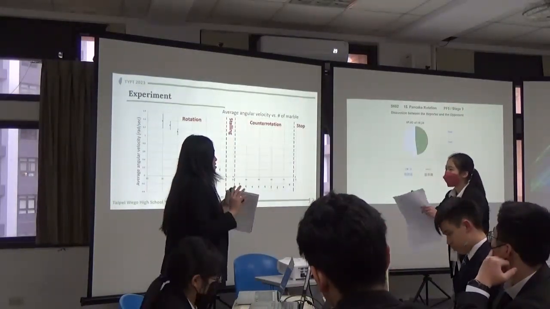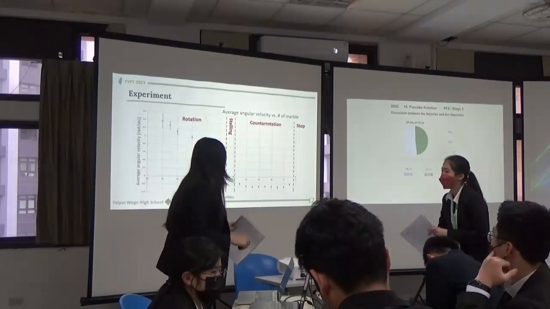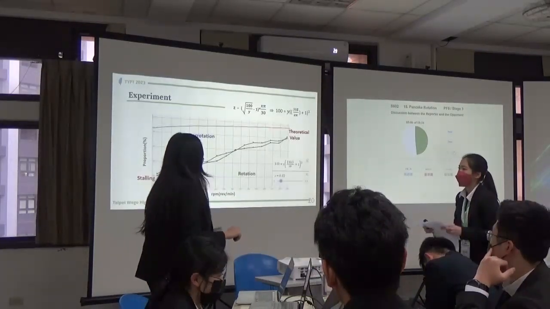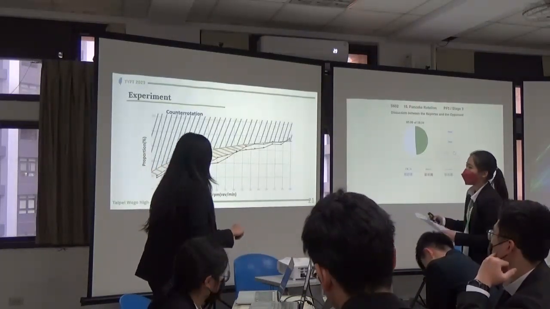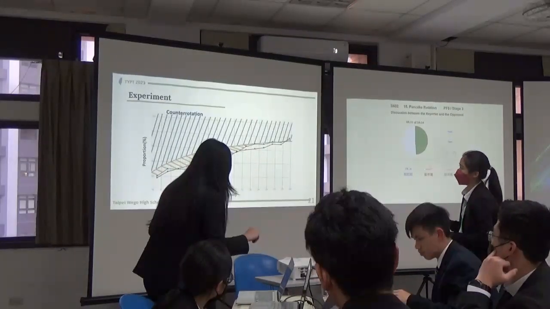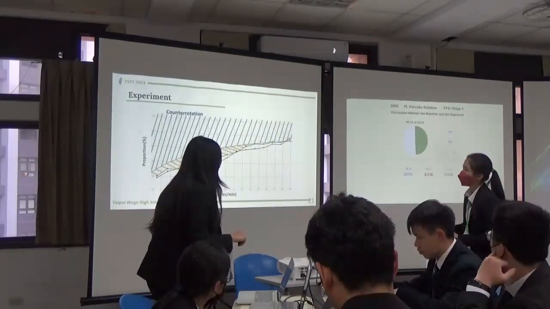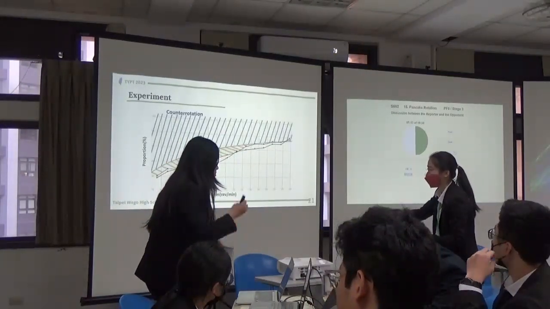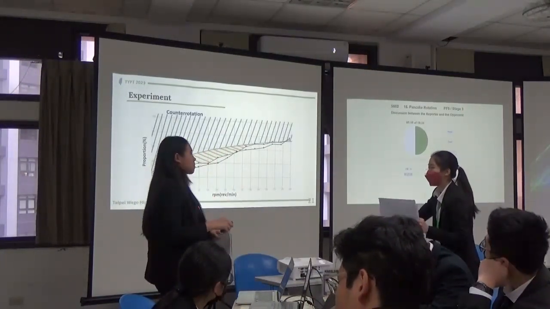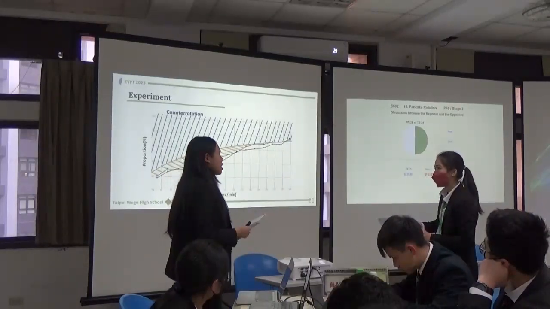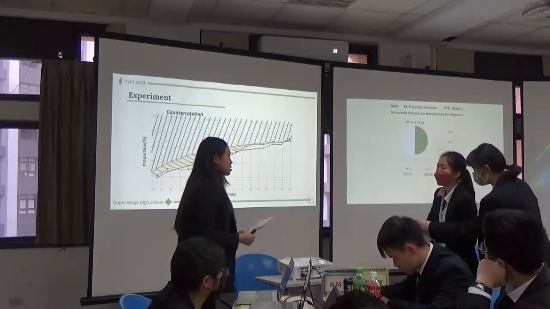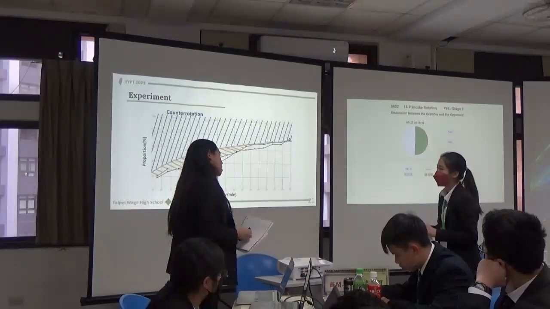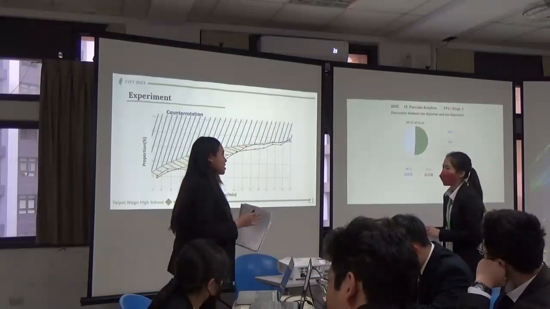I am not disregarding collision. As we mentioned, there are errors between our theoretical value and our experimental value, which is right here, the yellow area. Do you agree that when there is collision, there exists friction?